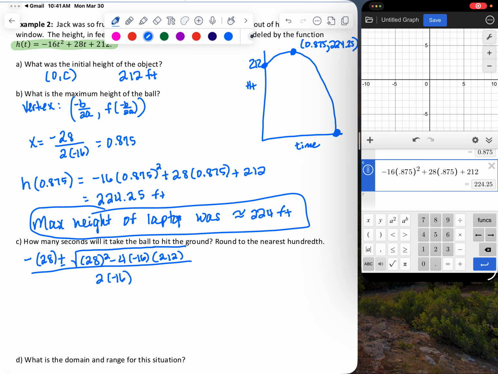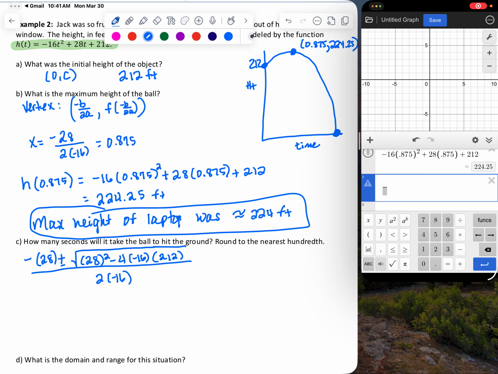All right, so I'm going to push my fraction bar here on my calculator. Negative 28 plus square root, parenthesis 28, parenthesis squared, minus 4, parenthesis, negative 16, close parenthesis, parenthesis, 212, all over negative 32. Whoops.